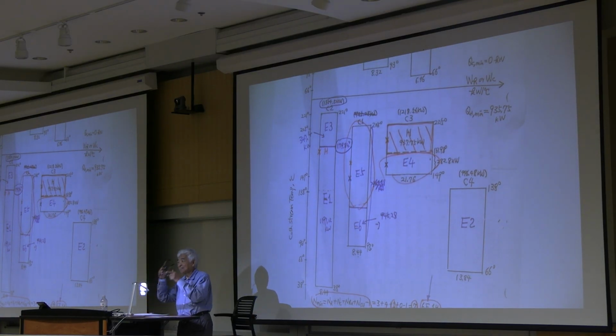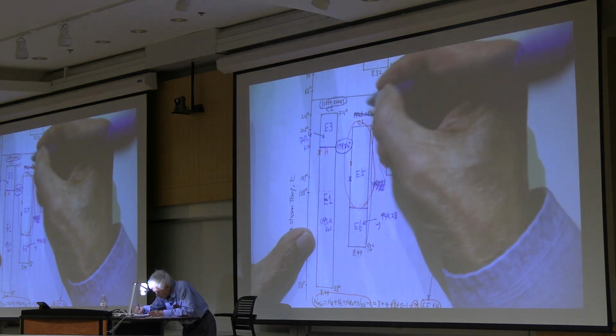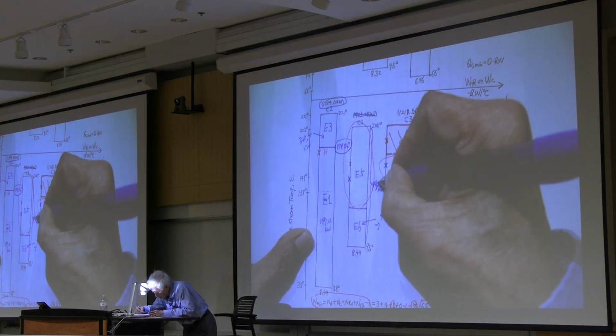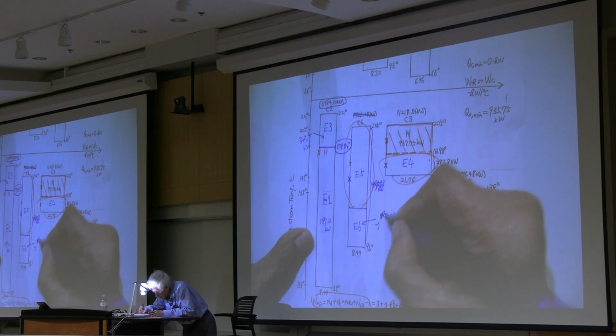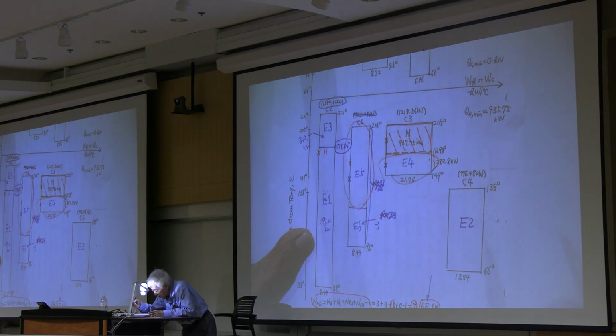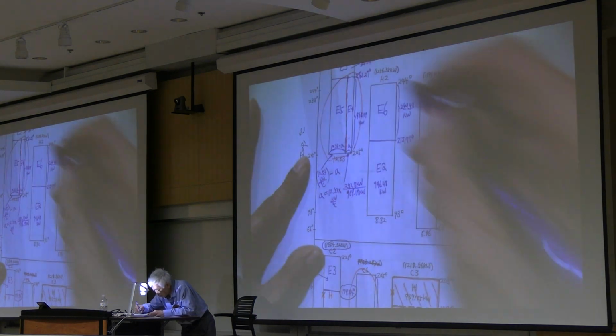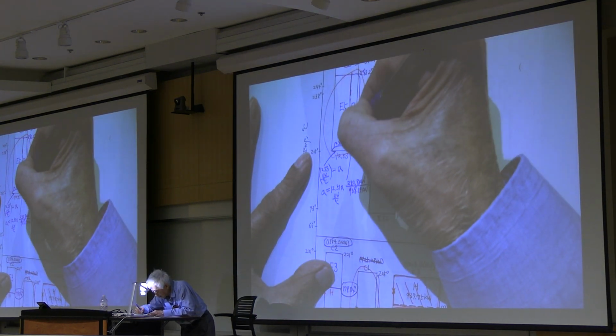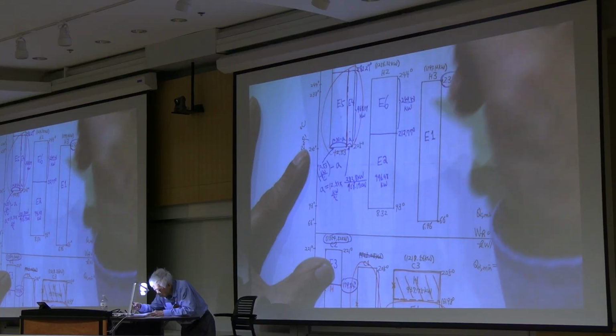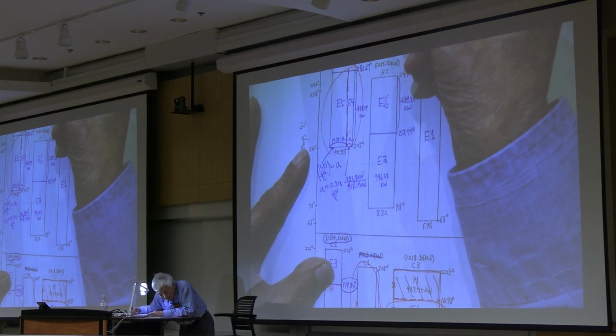That's correct? 945.3, that's correct? Okay, okay. So, and E5, so what is the area of E5 then? What is area E5?